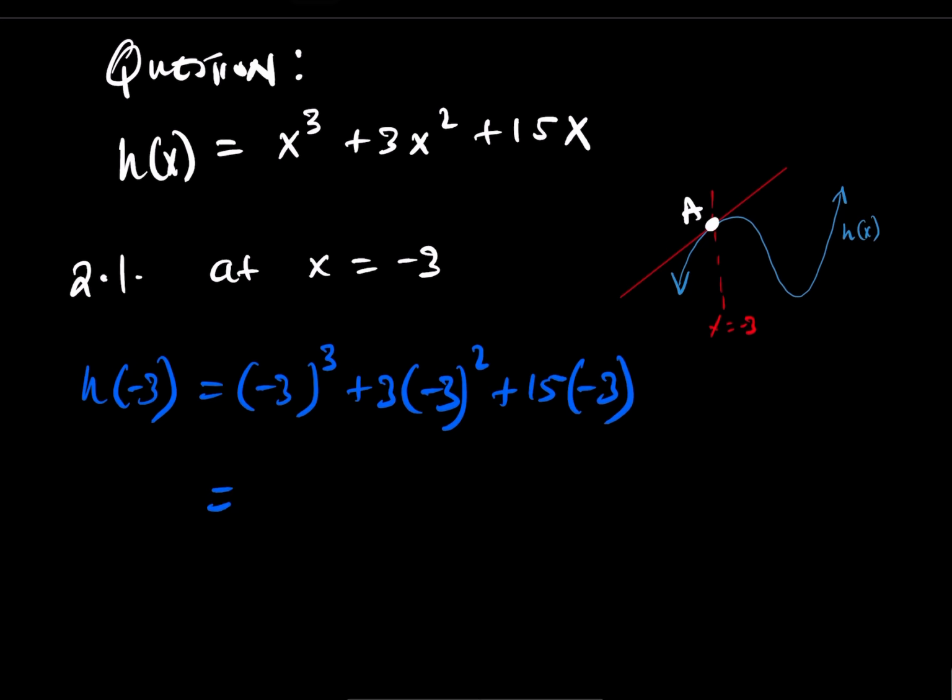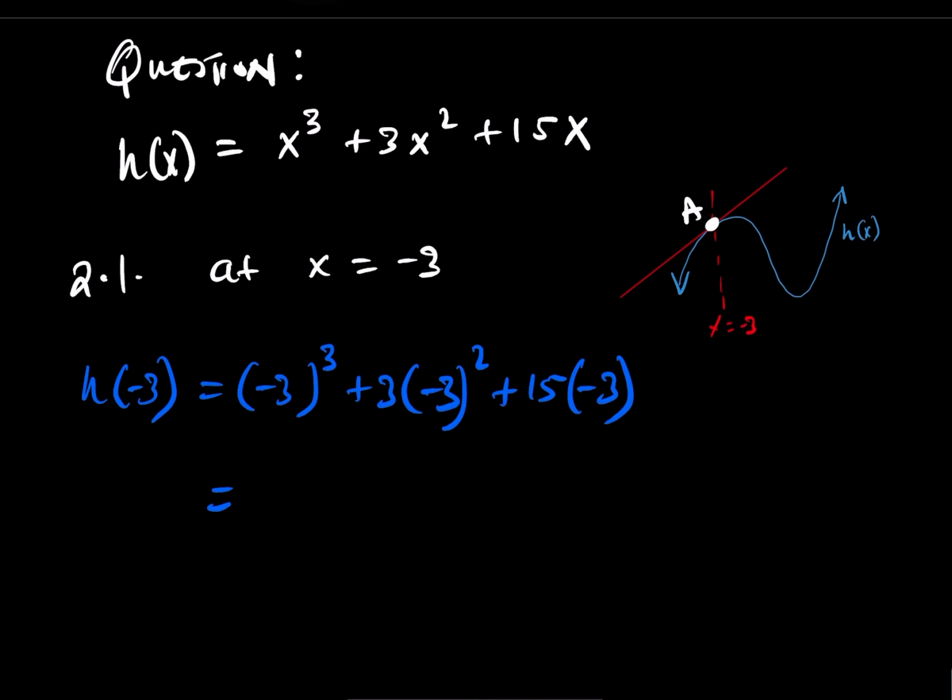Let's see what we get there. You can use your calculator. I'm going to use mine as well. It's (-3) all cubed, and then plus 3 into (-3) squared, and then plus 15 into -3 there.